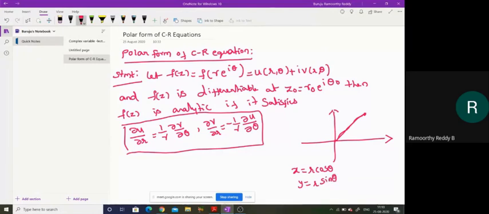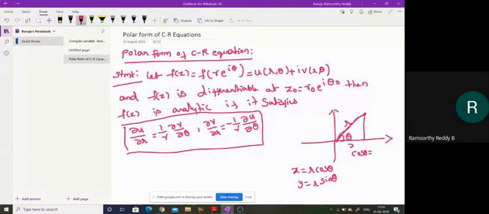This comes from the angle theta: cos theta is adjacent side by hypotenuse.